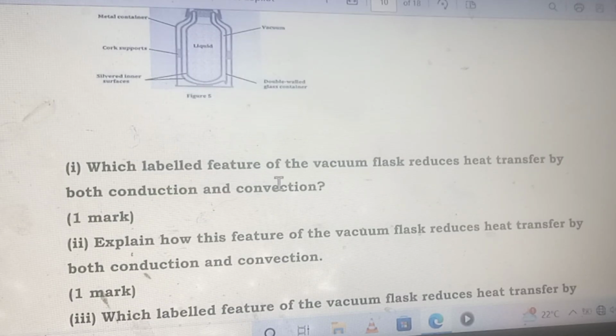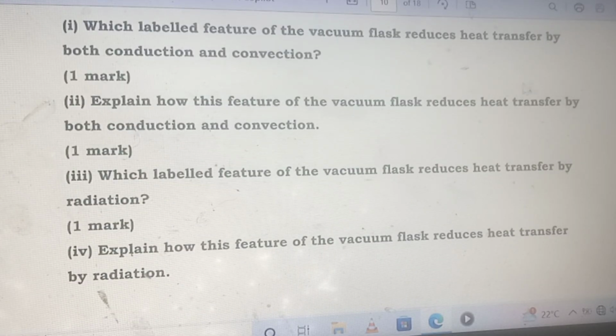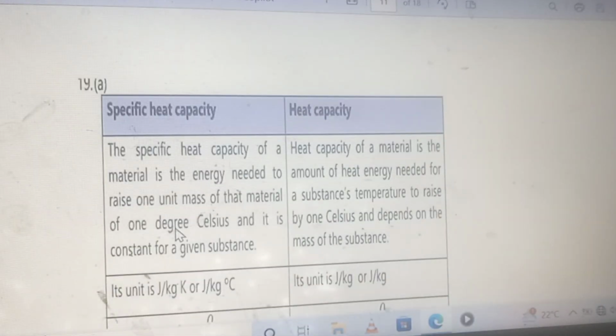I. Which elaborate feature of the vacuum flask reduces heat transfer by both conduction and convection? II. Explain how this feature reduces heat transfer by both conduction and convection. III. Which elaborate feature reduces heat transfer by radiation? IV. Explain how this feature reduces heat transfer by radiation. This is the correction of that question.